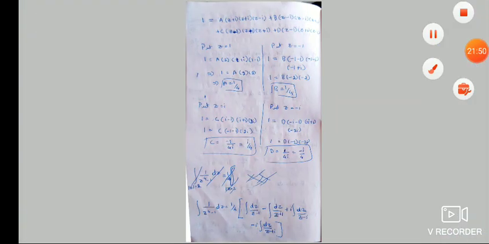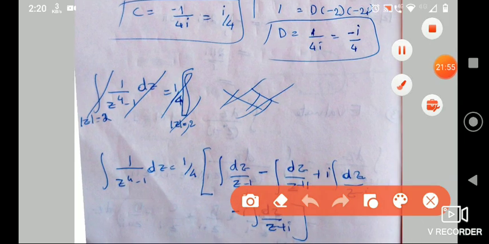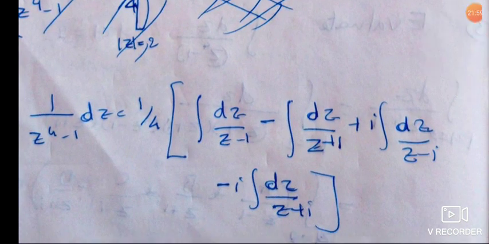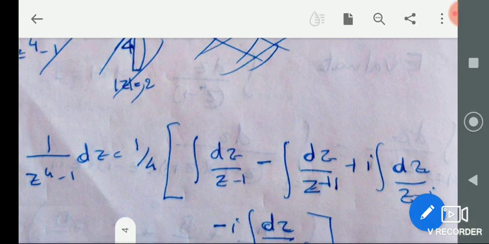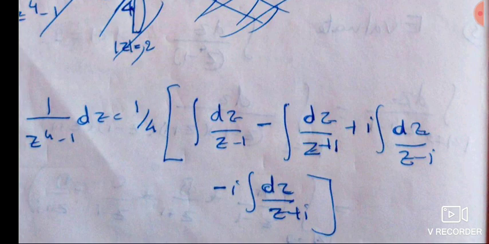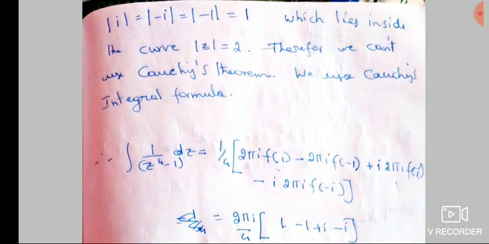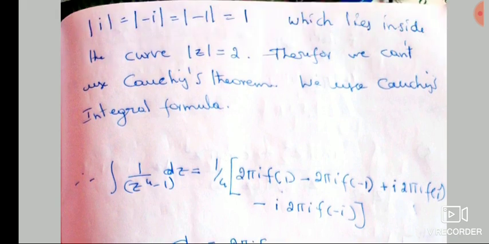So since all these points lie inside, each term here becomes non-analytic, because for Cauchy's theorem this whole thing is f of z, right? So it becomes non-analytic. So we cannot use Cauchy's theorem; we use Cauchy's integral formula. So what is the first term? 1 by z minus 1.